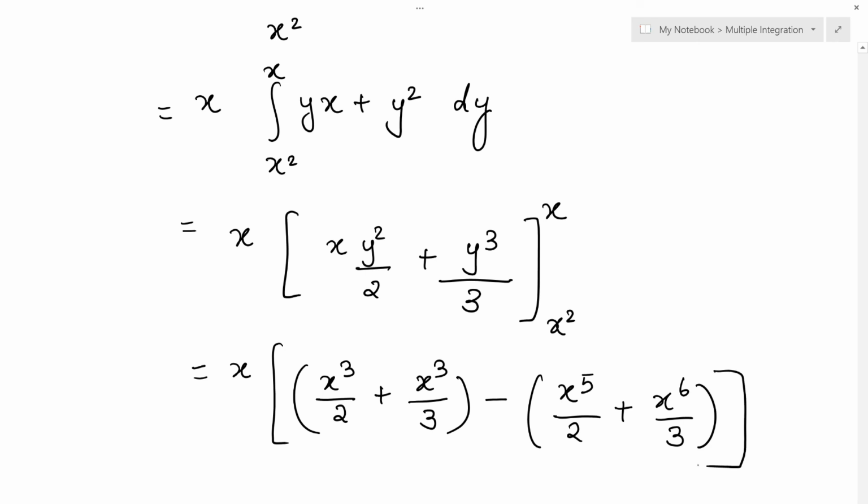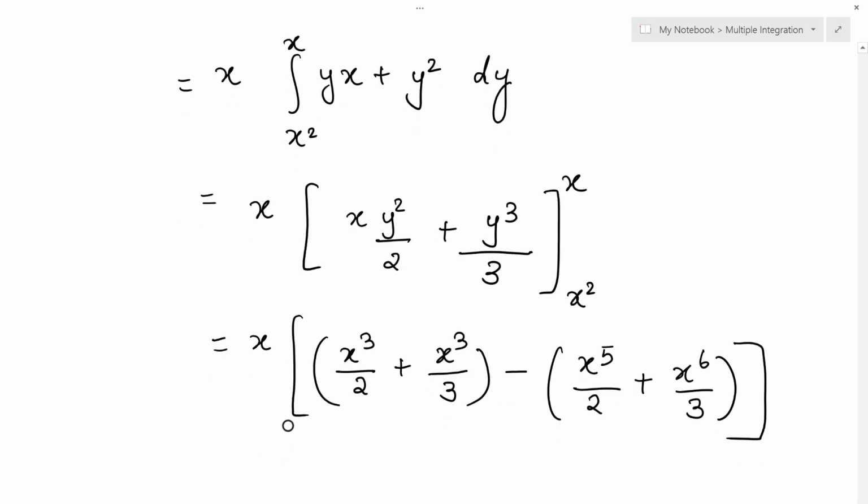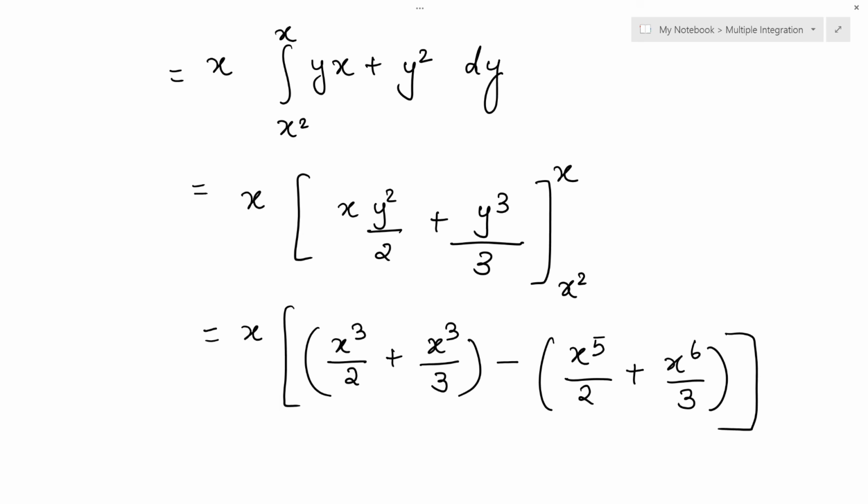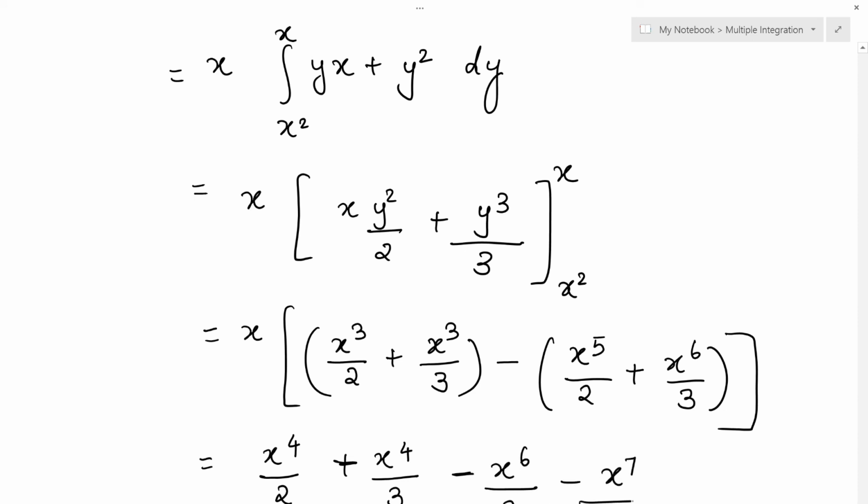Right, so now you can simplify it further and open the bracket simply. So x raised to 4 by 2 plus x raised to 4 by 3 minus x raised to 6 by 2 minus x raised to 7 by 3. Okay, this is your answer for I1.